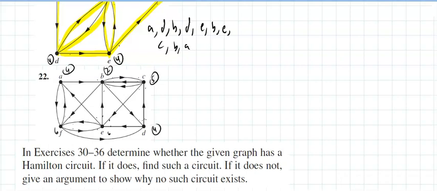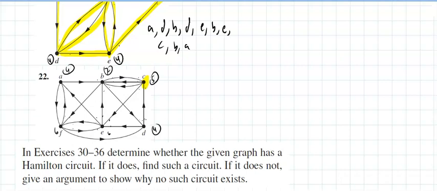Then a circuit does not exist, but a path would. I would start with the odd. It has to be one of the odds, B or C. So if I start at C, I'm going to end up at the other odd, which is B.